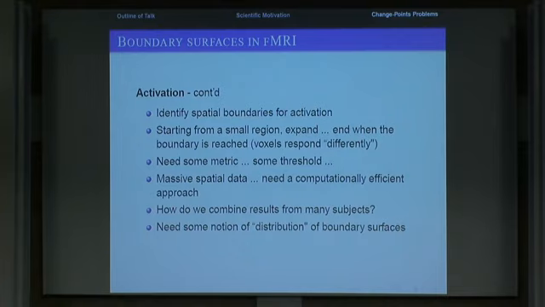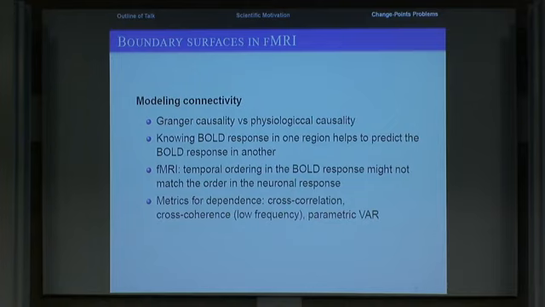There's a lot of variability across subjects, and maybe for one patient group that distribution might be very tight, but for another group it may be a bit more dispersed. So some notion of a distribution around some central boundary surface.